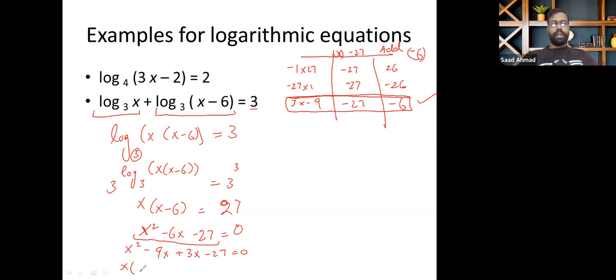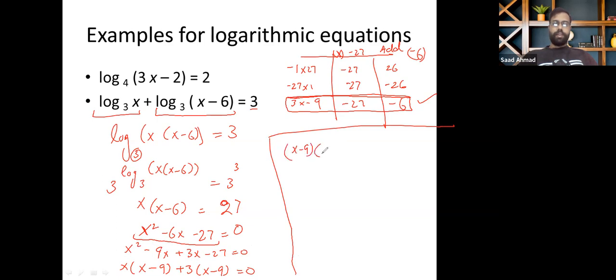Then take the common x from the first two terms, x minus 9, plus 3 common from the next two terms, x minus 9. And then again we take out the common thing, x minus 9. We get x plus 3. So x minus 9 equals 0, or x plus 3 equals 0. That will give us x equals 9 and x equals negative 3.